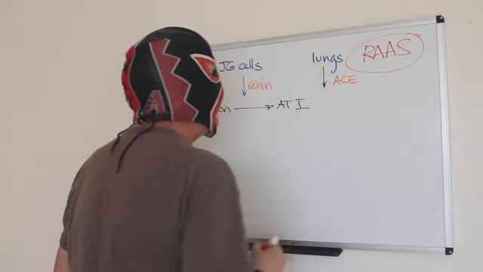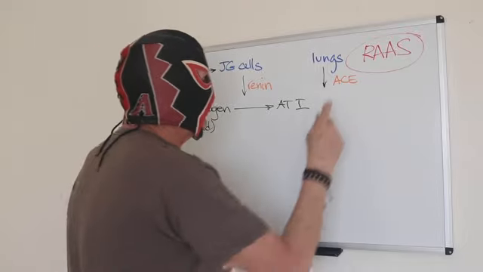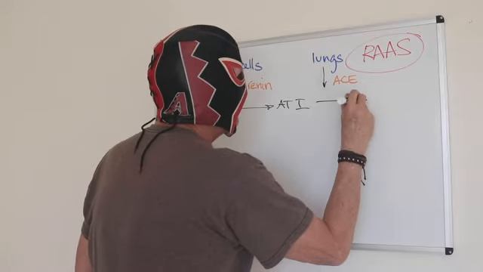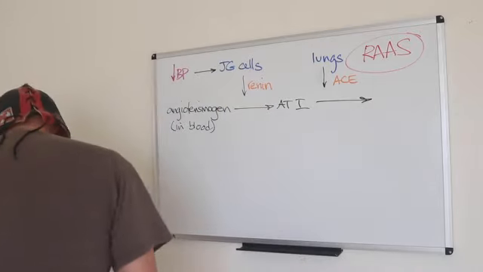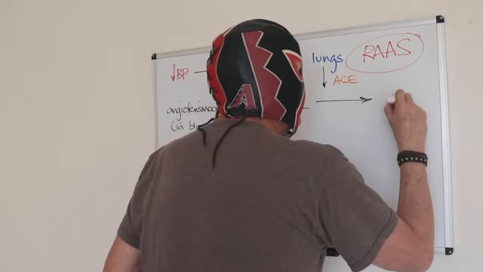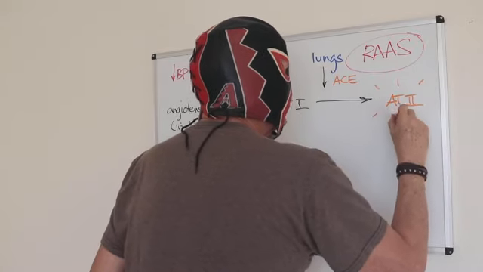I'm not going to write that out, you have to know that. It's an enzyme that converts angiotensin 1 into angiotensin 2. And angiotensin 2 gets sparkles because that's how big of a deal angiotensin 2 is.